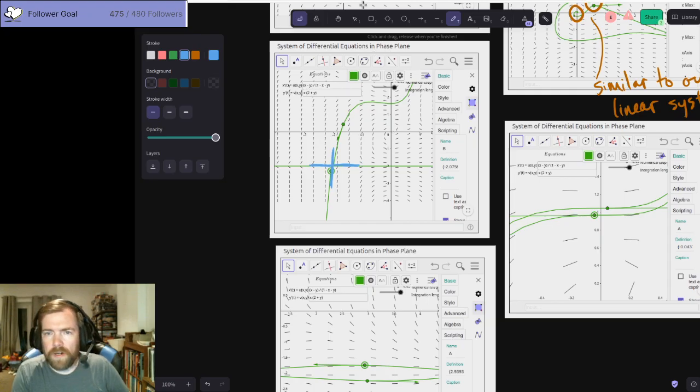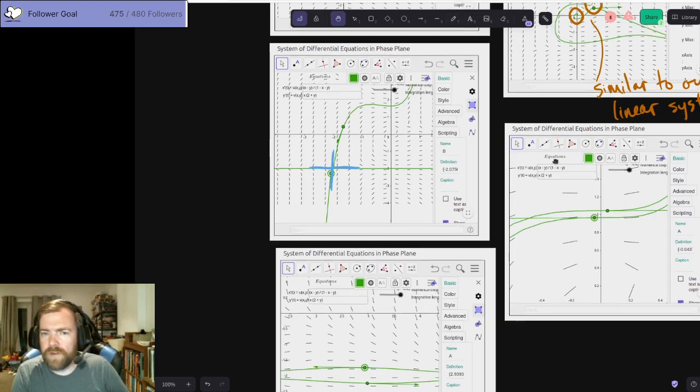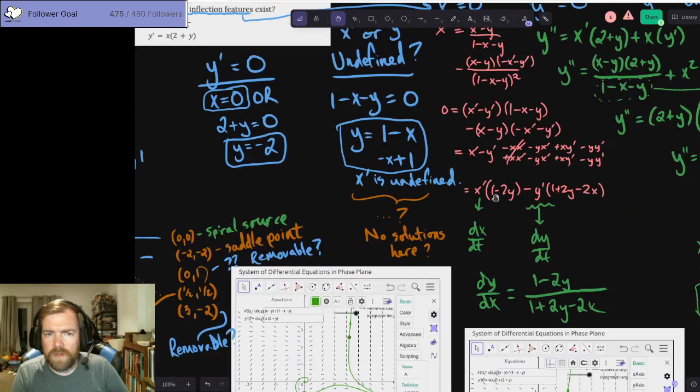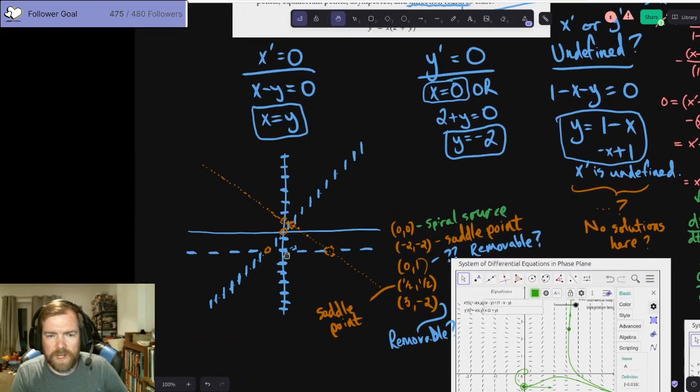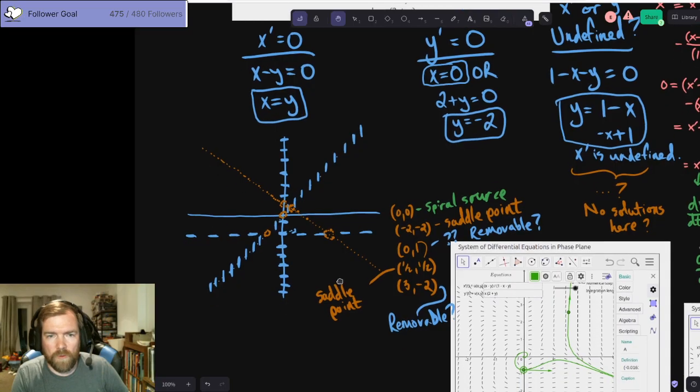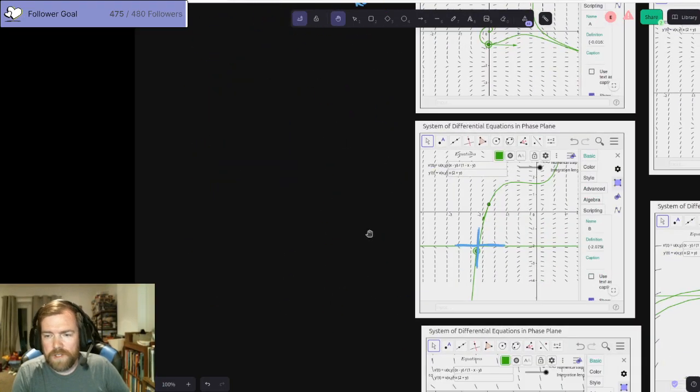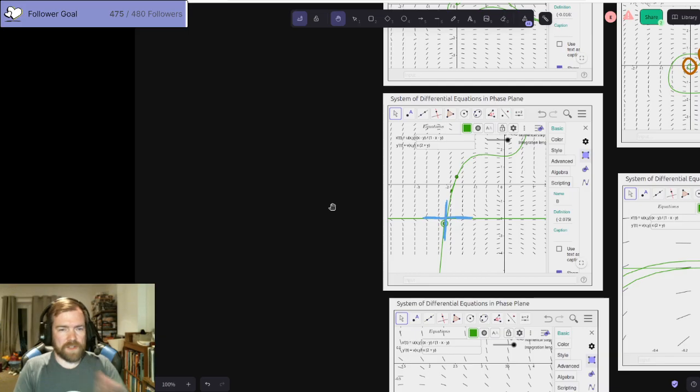And do we have another thing that was going on? Oh no, yeah, vertical. We also had x prime equaling 0 along the line y equals x. So in theory, we should have something that is literally vertical, but our linear approximation is telling us that it's in an 11 to 1 ratio, so it's just fairly vertical.